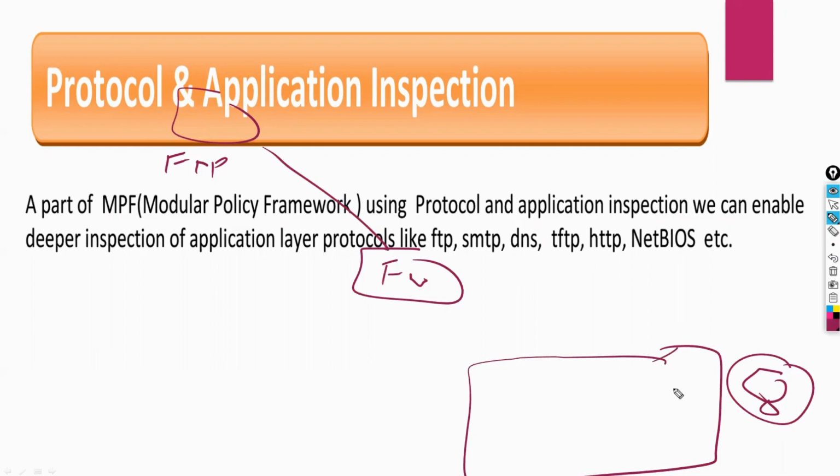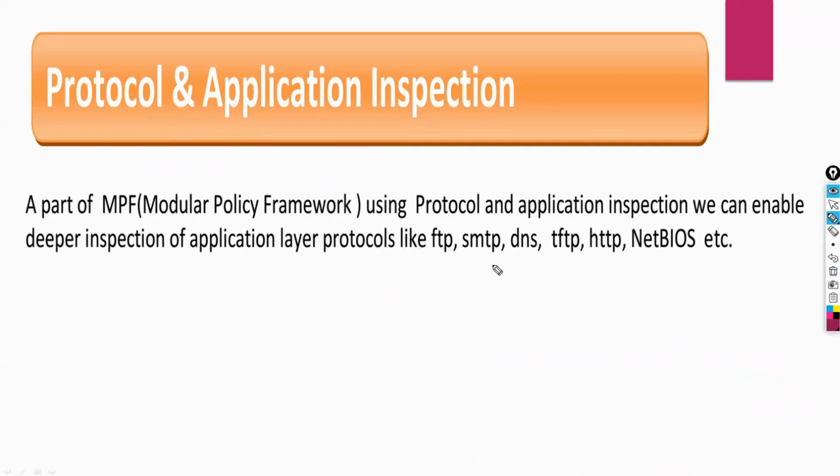So FTP is an application and FTP is a protocol. This FTP service is running on the server, so this is called the FTP protocol, FTP service. Don't confuse, okay? You can say protocols or you can say service. For example, SMTP is also a service, SMTP service.